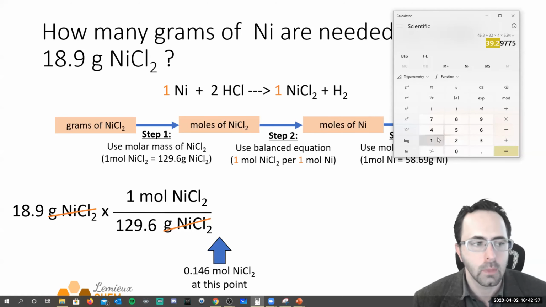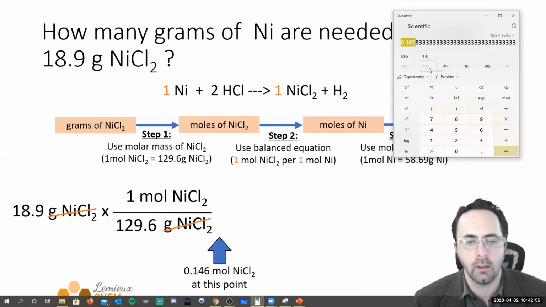So 18.9 divided by 129.6 is 0.1458. If we're doing this to 3 sig figs, we're going to round the 5 up because this is an 8. So it would be 0.146 moles of nickel II chloride.